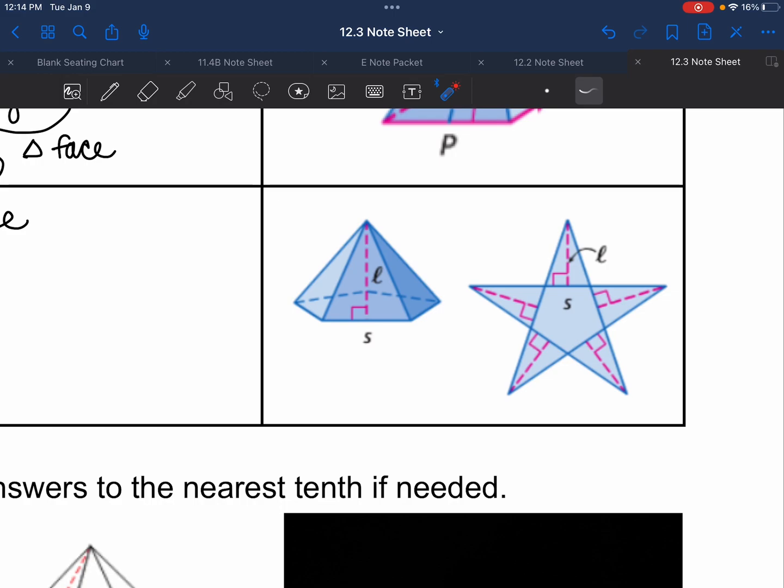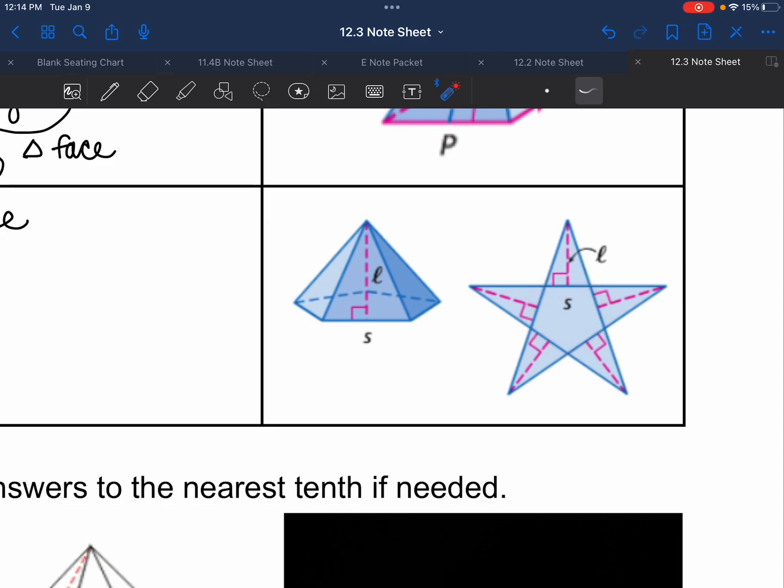The number of points on the star depends on the base. So this base is a pentagon, so we get 5 points on our star. The triangles, these are your faces, and they all will fold back up and meet at a vertex at the top. And then here's your single base.